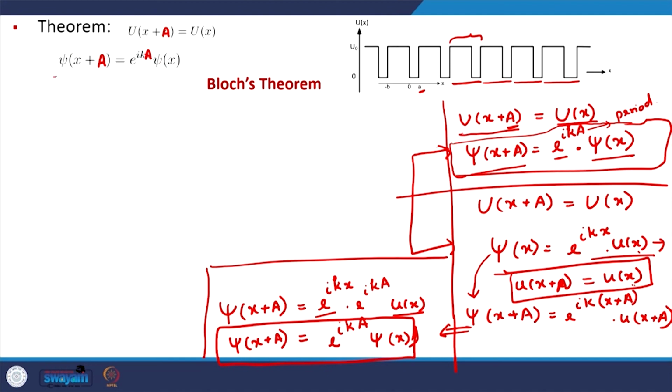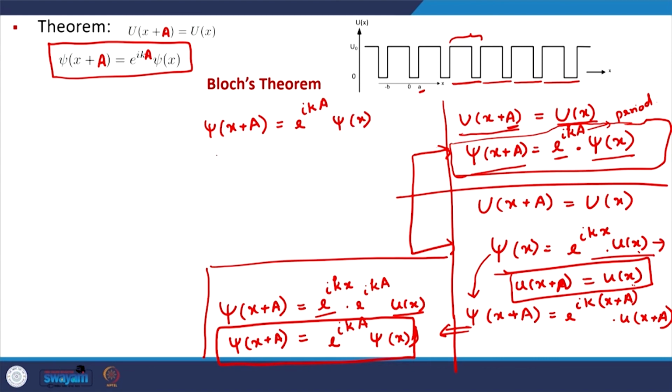This statement of Bloch's theorem, ψ(x+a) equals exponential i k a times ψ(x), means that if we take the first derivative, it would basically be ∂ψ(x+a)/∂x equals exponential i k a times ∂ψ/∂x.